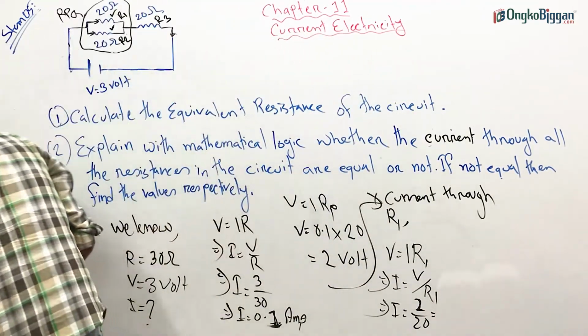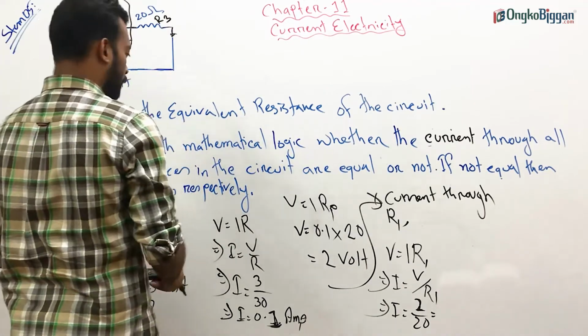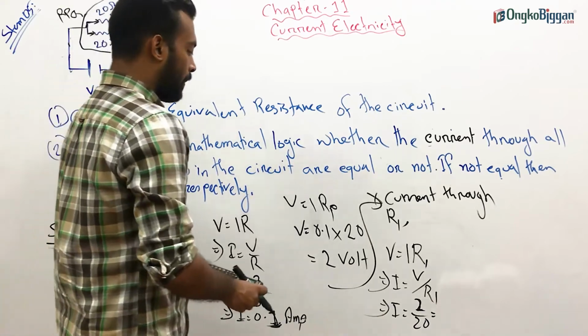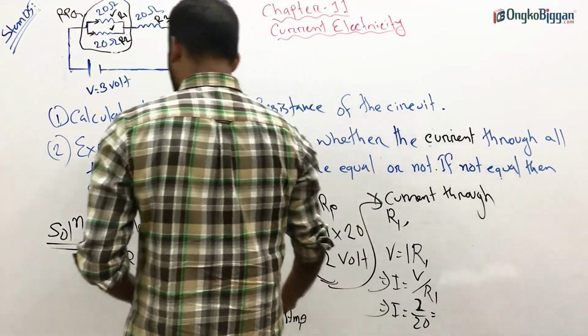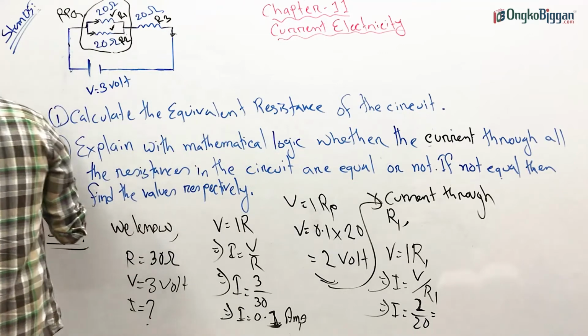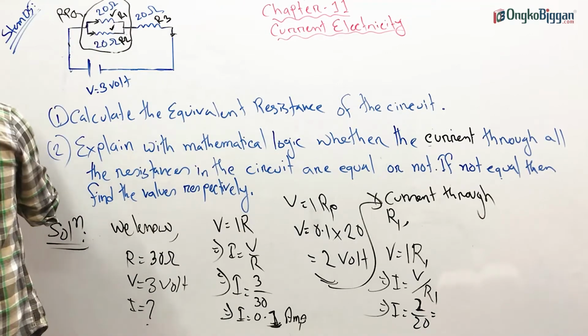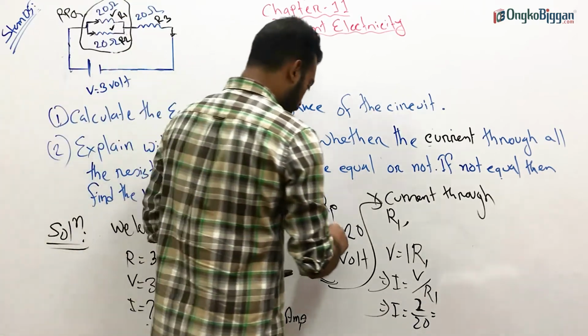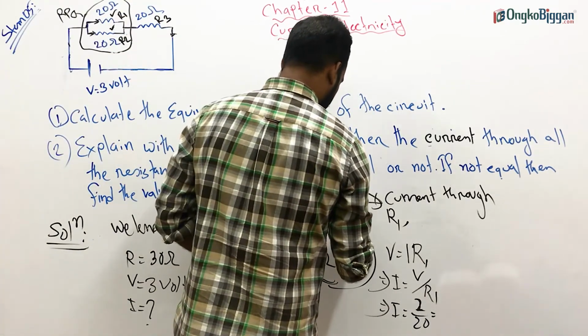There is a correction. See, this V, which is 2, and the initial V that we have, this Rp must be 10.